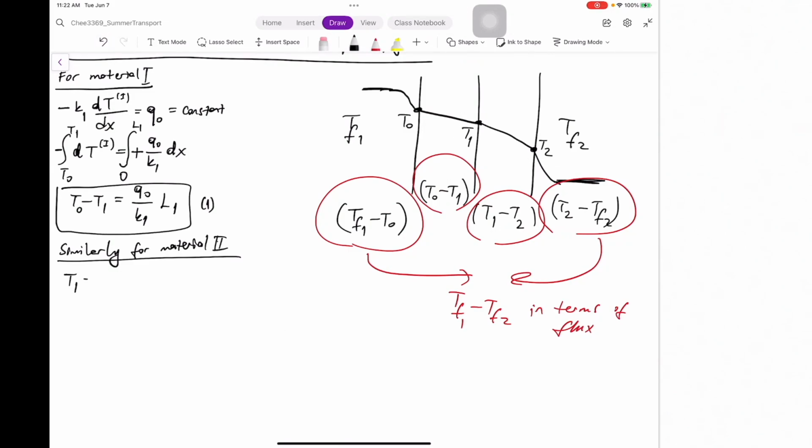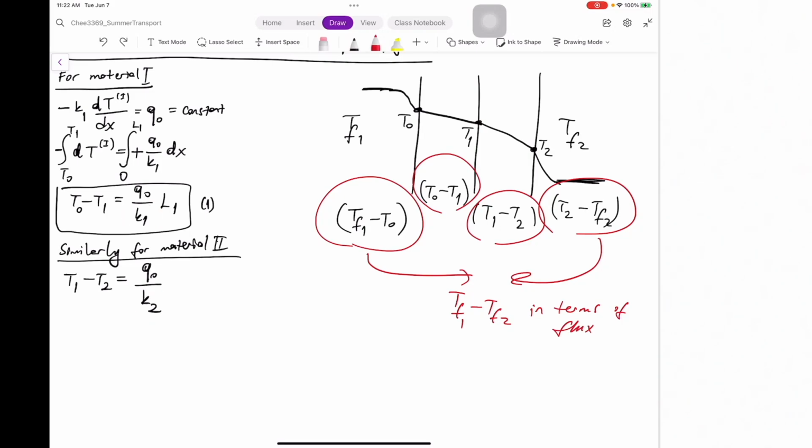So T1 minus T2 is equal to the same Q0, because at the interface the Q0 of material 1 is the same as the Q0 of material 2, divided by, but this time K2, be careful. This is for material 1, this is for material 2.